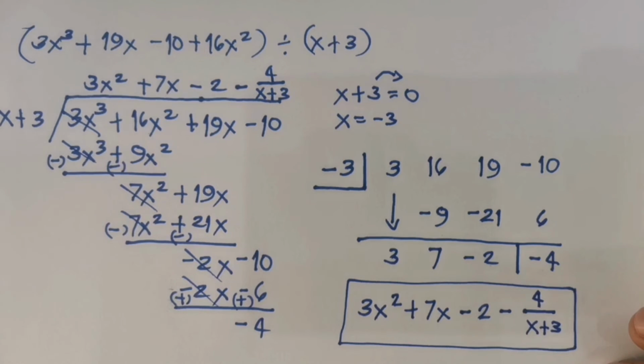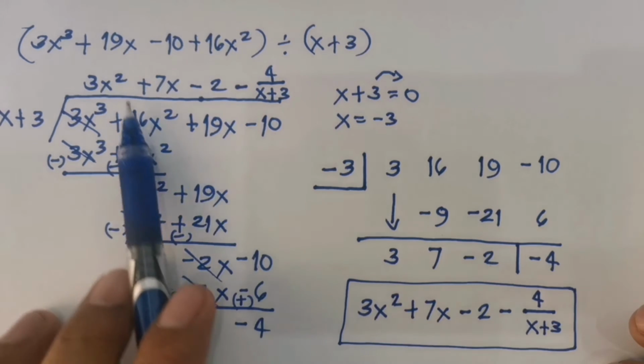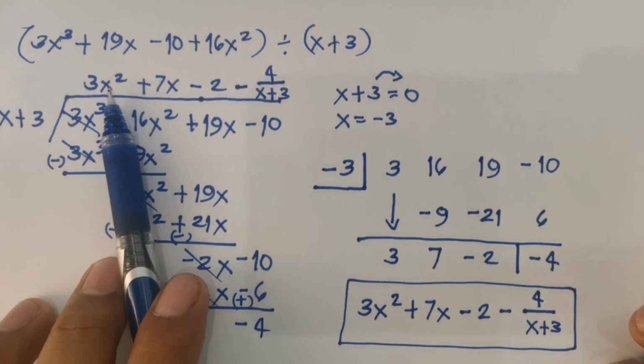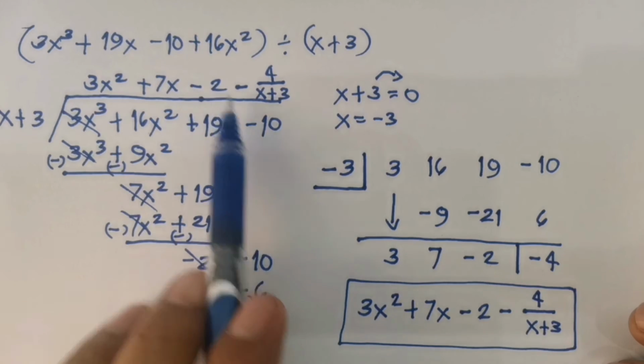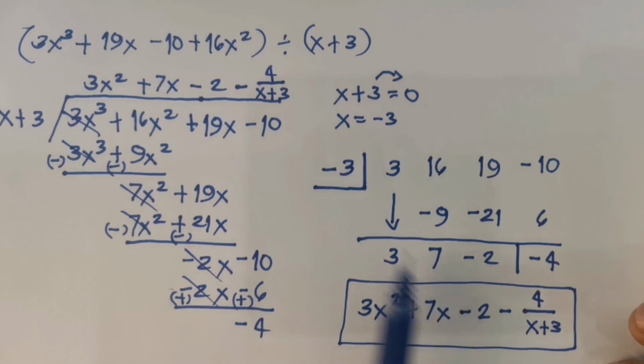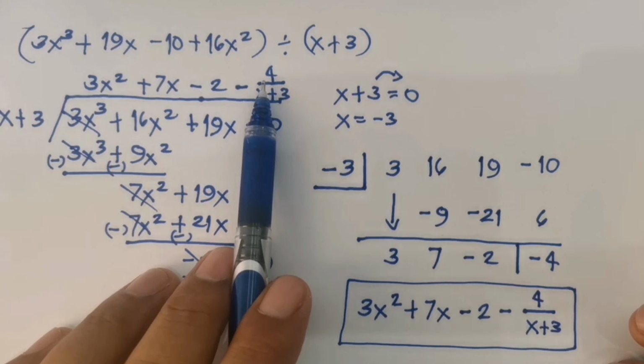Okay, so our answer in synthetic division is the same as the answer in the long division. Okay, so that is 3x squared is the first term, 7x is the second term, negative 2 is the third term, and our remainder is negative 4.